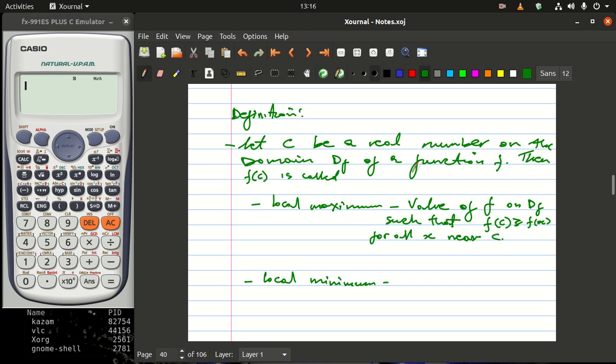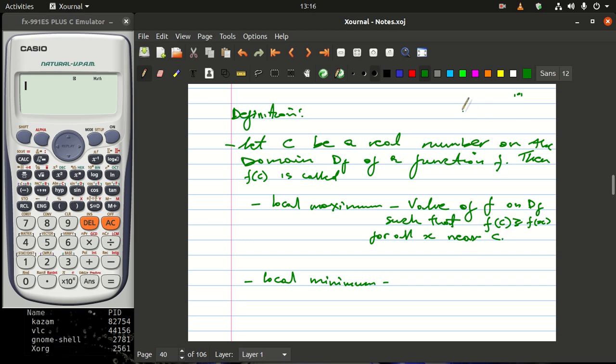So basically the absolute maximum, if I plot a graph, is the highest value there is. But this one is saying that if I have some value here, whenever I pick a value that is close to it, it must always be less than that value. That is what it is saying.